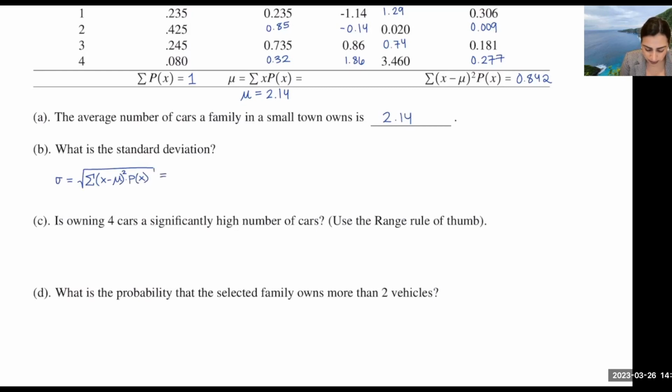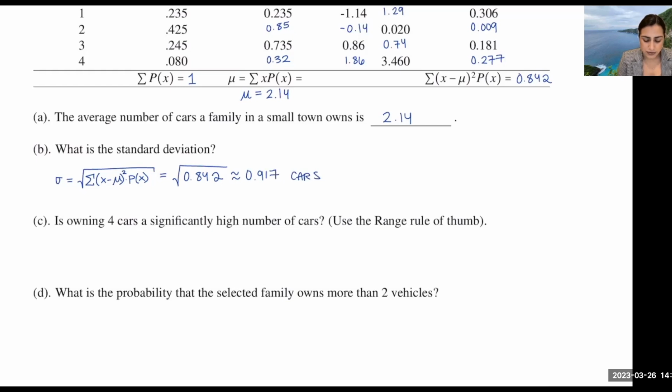And we've already found that value that's in the radical, which is the radicand. And so this is going to be the square root of 0.842, which ends up being approximately 0.917 cars. Because remember, we're talking about cars here.